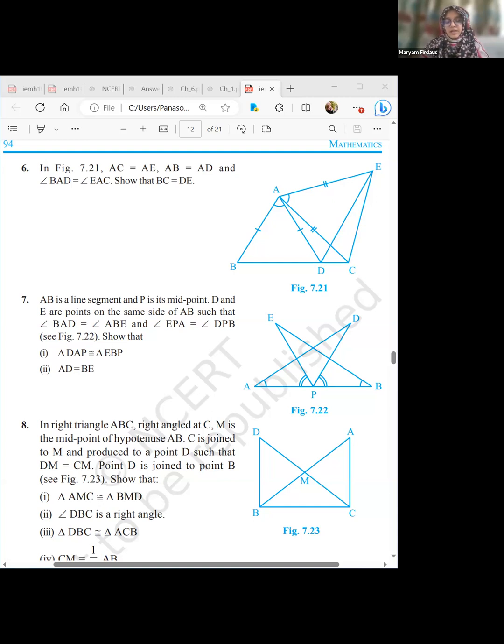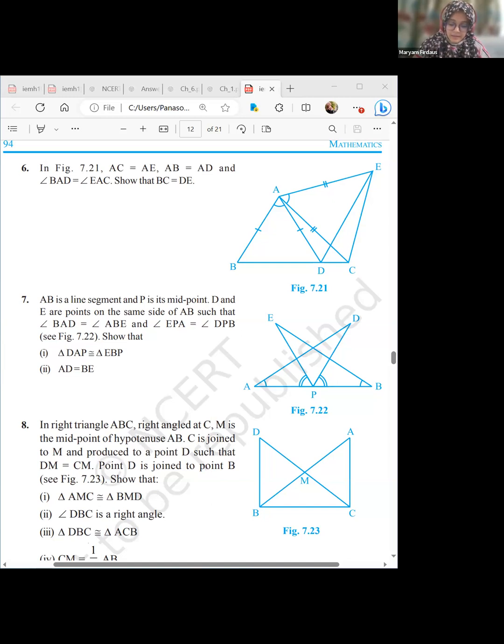Please tell me, what is angle BAD plus X? You don't know? Look at this figure. What is angle BAD? Angle BAD is this one. What is X?